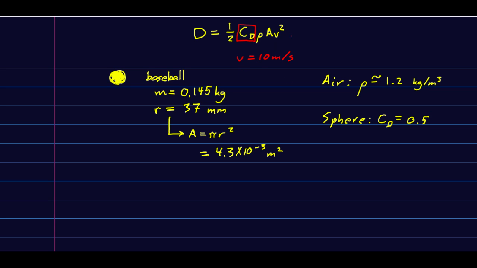Then you can plug in that v, the cross-sectional area of a regulation baseball, the density of air, and the drag coefficient for a sphere, about 0.5, and you're going to find that the drag is about 0.13 newtons. If you compare that with its weight, which would be 1.45 newtons, the drag at this sort of speed is less than 1/10 of the weight. That's perhaps not exactly negligible, but it is certainly small.